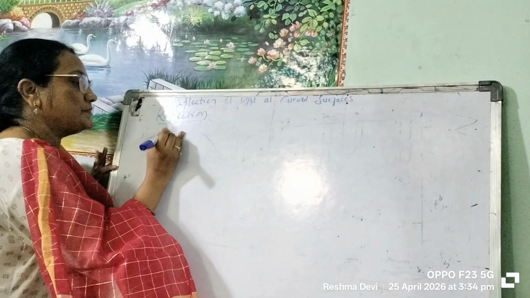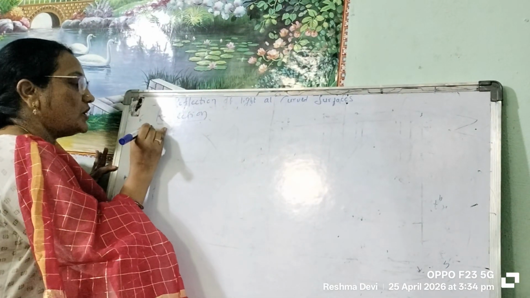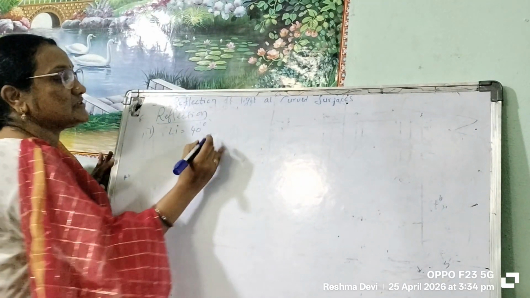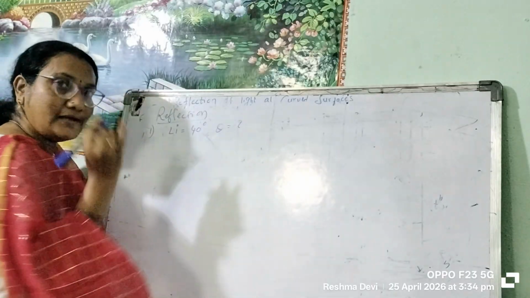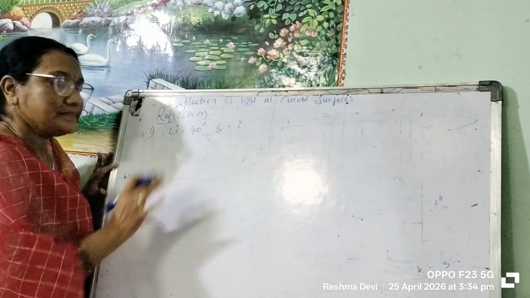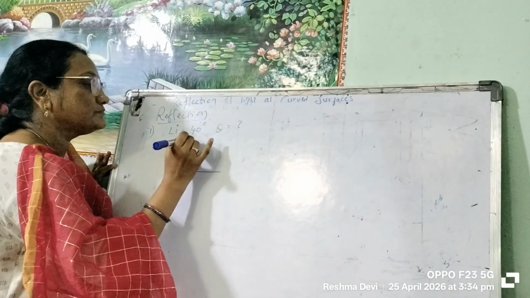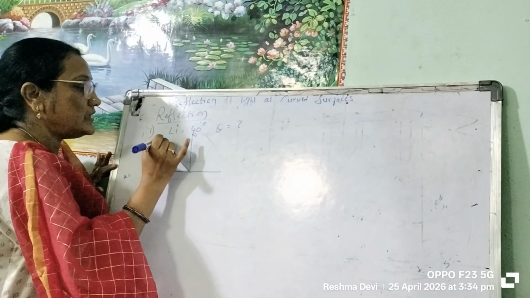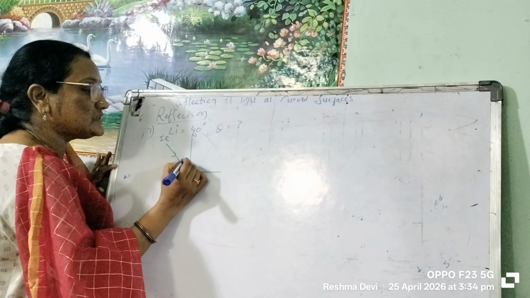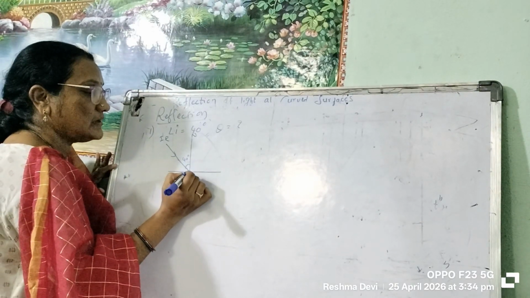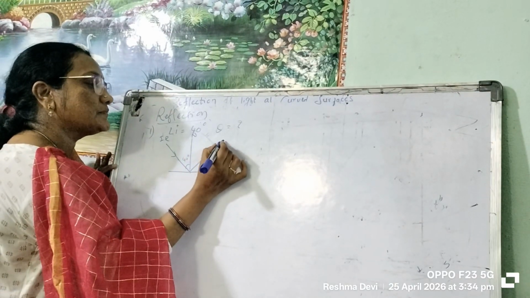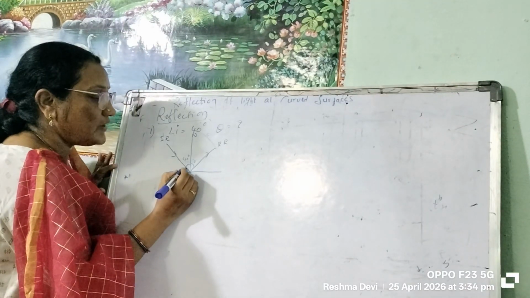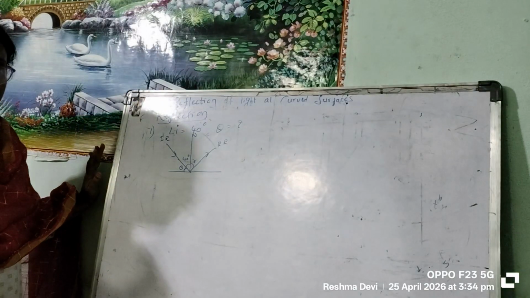For example, model 1, angle of incidence is 40 degrees. Asking to find glancing angle. Now let us draw the diagram. Normal, incident ray, angle of incidence is 40 degrees. The reflected ray, angle of reflection. Now we have to find theta.